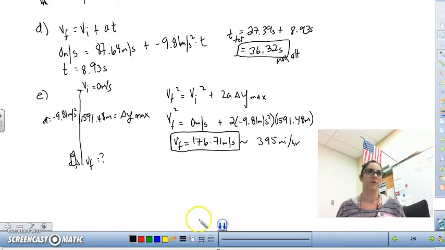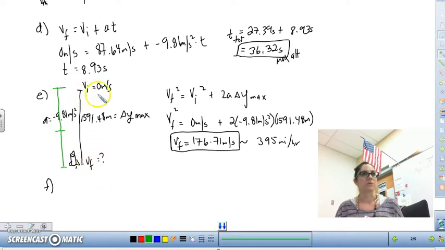And then speaking of falling, how long is it in the air? We actually got the time up already, the time to here. So really, all we need is this time right here. So I'm going to figure out the time it takes to fall that distance. The equation I would like to use can technically be anything.